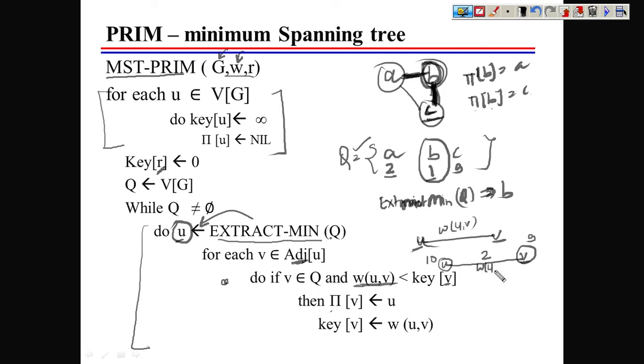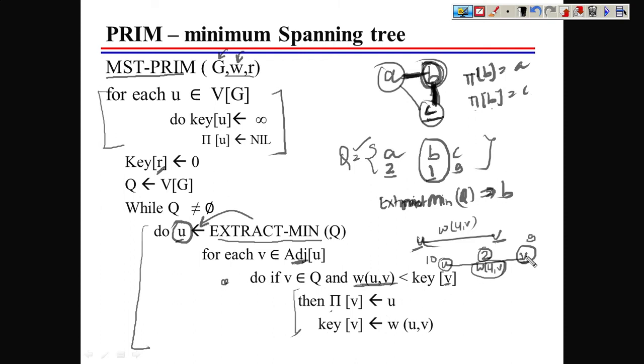This is called w(u,v). If w(u,v) is less than the key value of v, then only we will do this step. If this value is less than this value, we say that the predecessor of v is u.